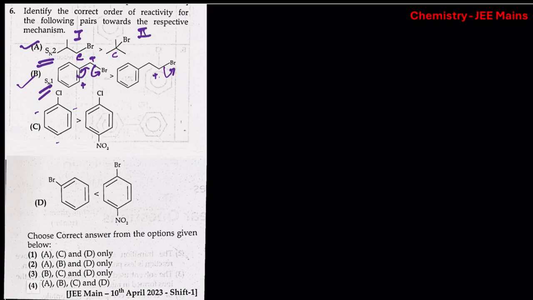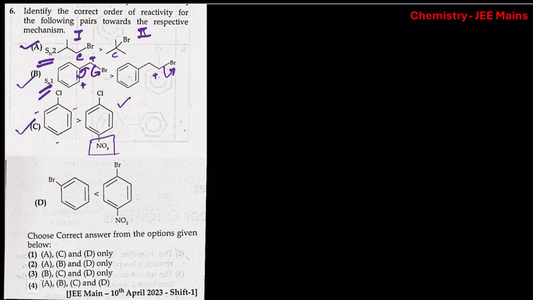This chlorobenzene is reactive towards electrophilic substitution reaction, but if there is a nitro group present at the para position, the NO2 group being an electron withdrawing group, the reactivity of para-nitrochlorobenzene towards electrophilic substitution decreases because this NO2 group attracts the electrons towards itself, because of which the electron density in the benzene ring decreases. So the order of reactivity shown in option C is also correct.